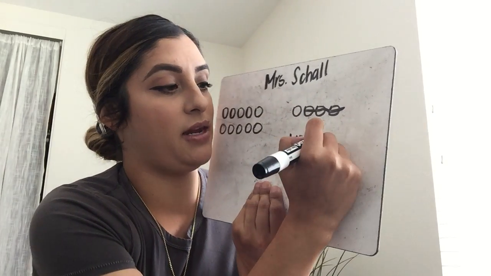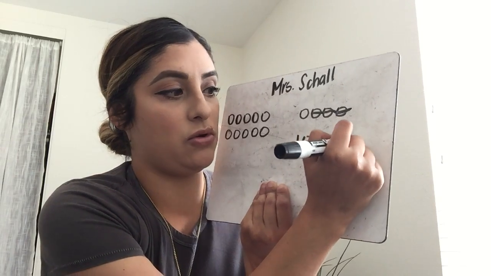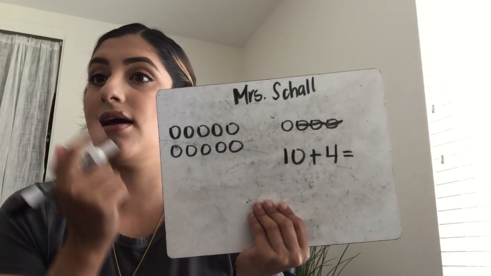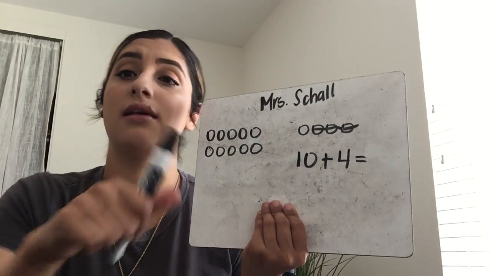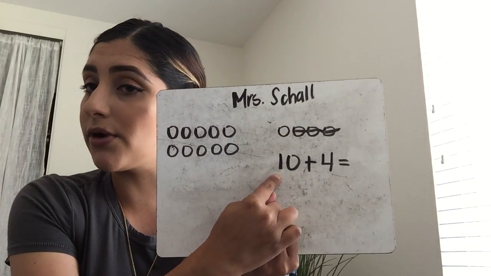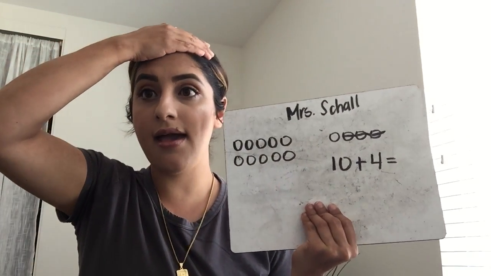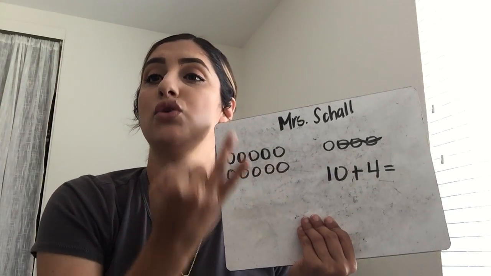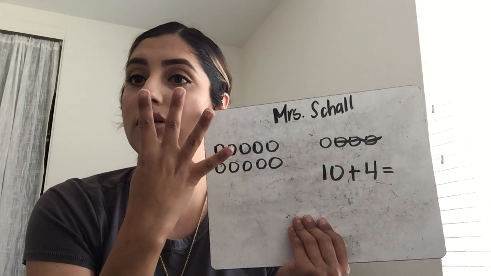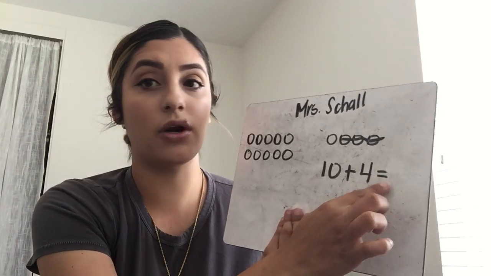Remember, 4 came in the beginning. Equals. That's my addition sentence. Now let's solve that. Let's put 10 in our brain and count 4 more. Ready? 10, 11, 12, 13, 14. 10 plus 4 equals 14.